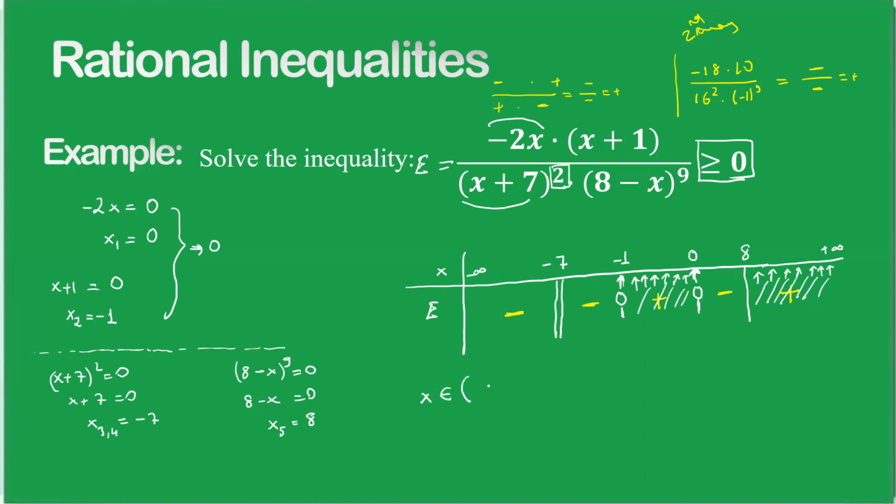No, so from minus 1 up, so minus 1 is a member of the solution set, it is closed, 0 is also closed, union, 8 is open, and plus infinity. Okay, this is our solution set.